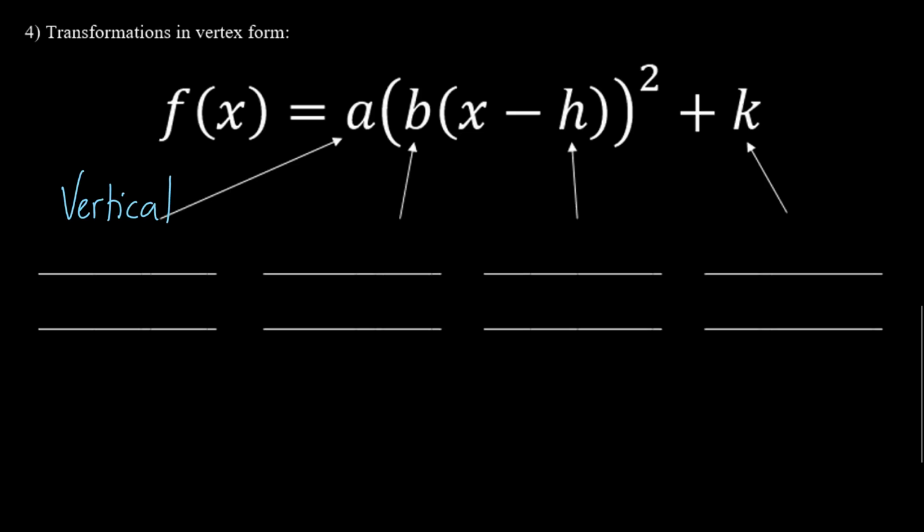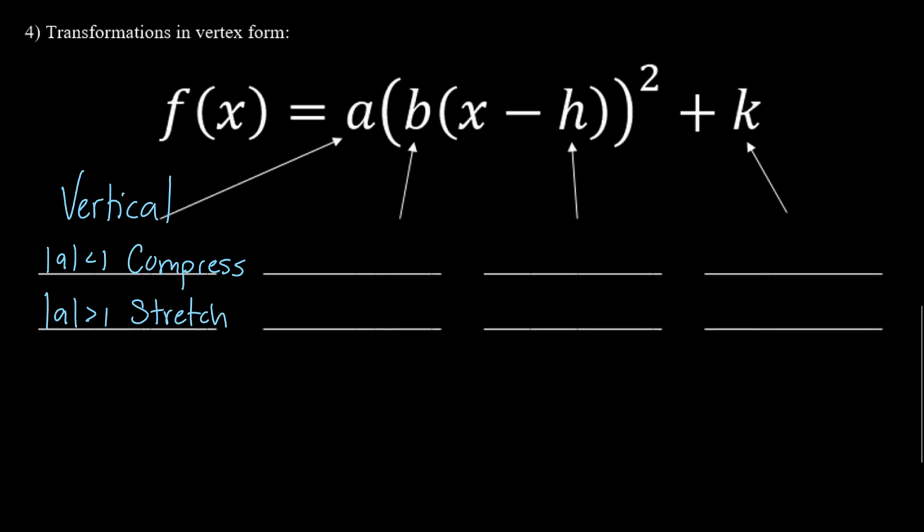When the absolute value of A was less than 1, it was a vertical what? So less than 1 means it's a fraction. So say 1/2. It would be a vertical blank by 1/2. Compression by 1/2. When A is greater than 1, what is it? Now it's a vertical stretch.